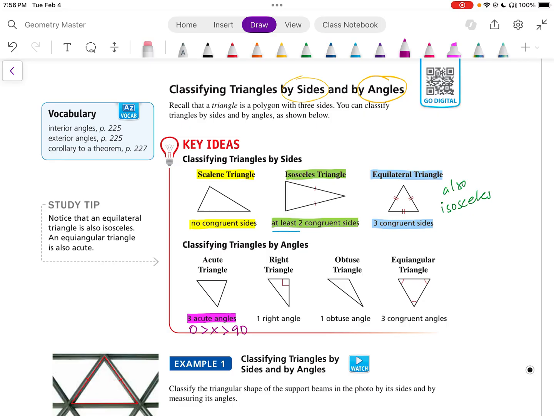I wrote that wrong. Hold on. So all of the angles x are greater than 0 degrees but less than 90 degrees. It's hard to see, so we'll try it for the third time. All the angles are greater than 0 but less than 90. Those are acute triangles.